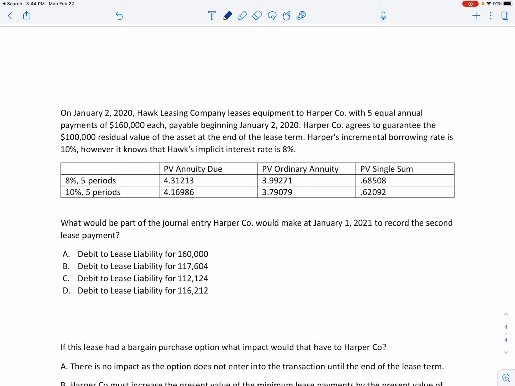So they have Hawk Leasing Company. They're the lessor. And they lease equipment to Harper, which is the lessee, in 5 equal annual installments. They guarantee a residual value of $100,000, and they give us Harper's incremental borrowing rate as well as Hawk's interest rate.